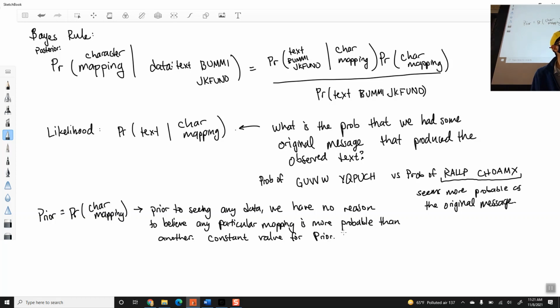Does that make sense? We're not going to say that this particular character mapping is more likely than another, so we're just going to use a constant for everybody. All character mappings equally likely.